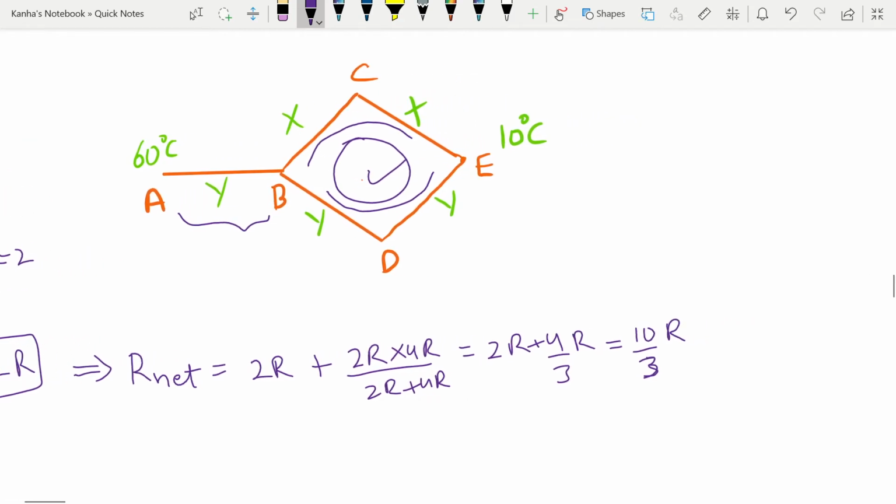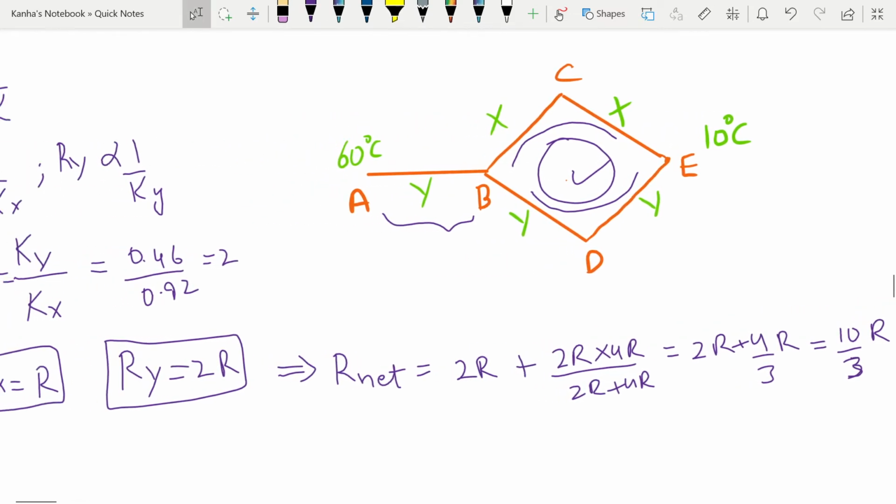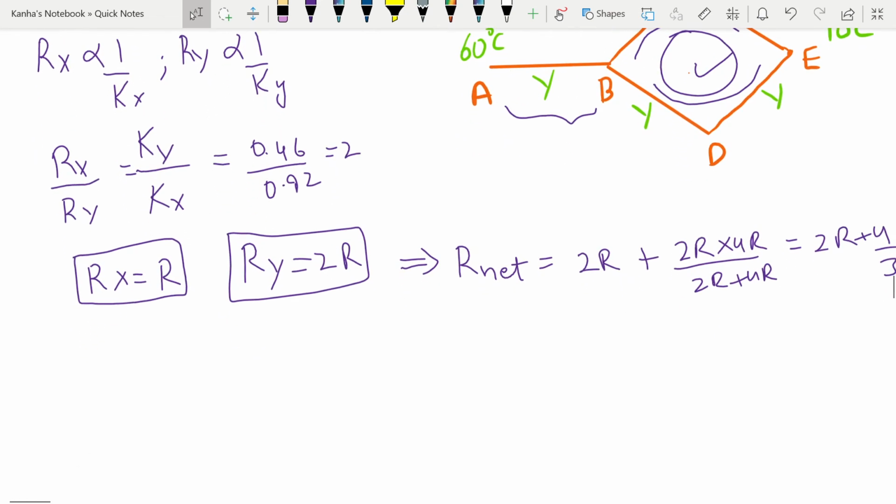And because I know that the change in theta is equal to I cross R, where theta is the temperature, I can easily write the current in BCE.